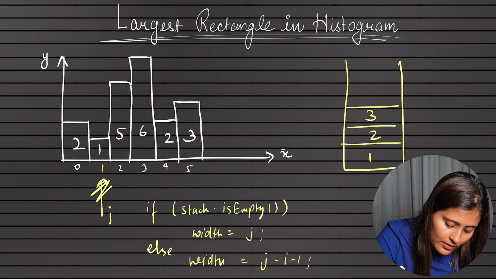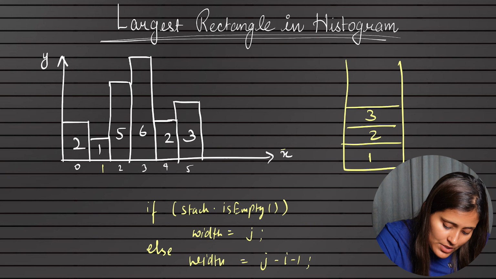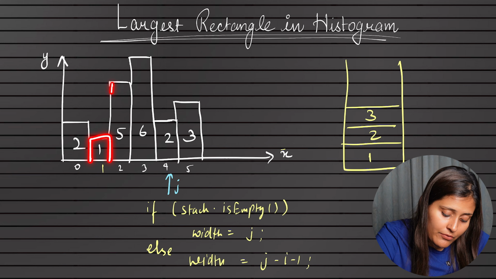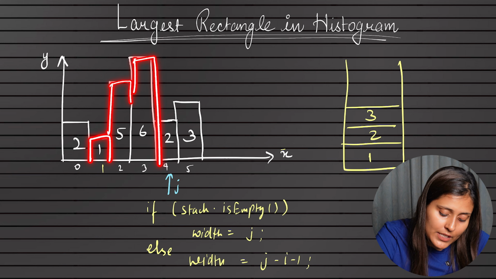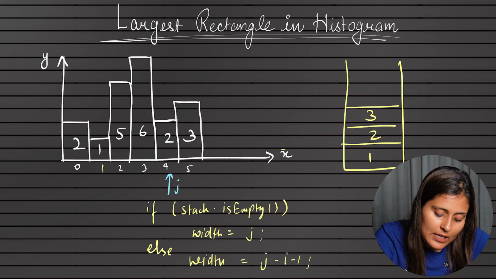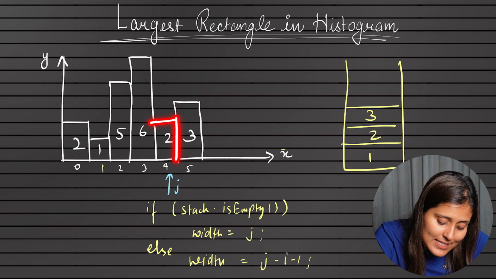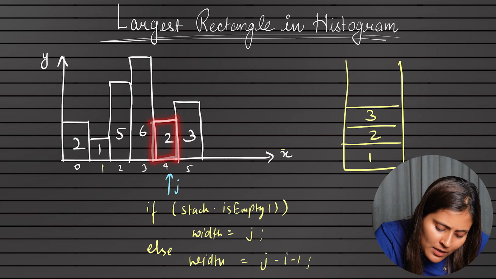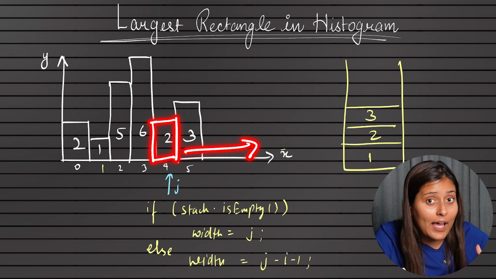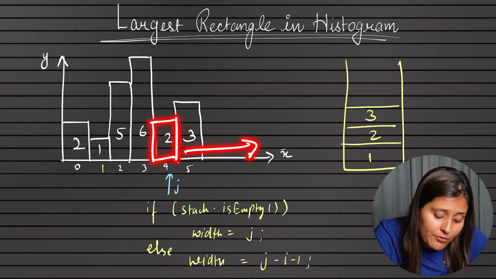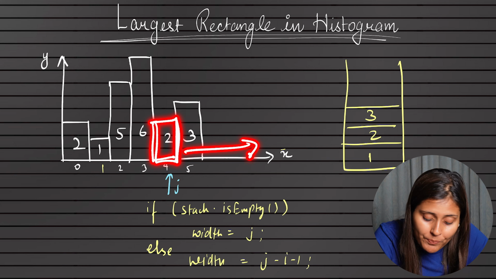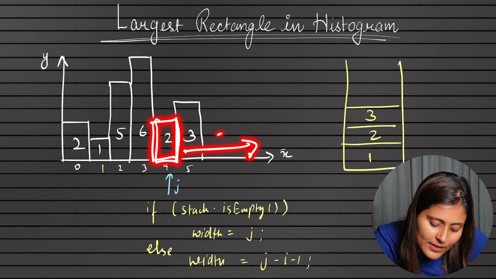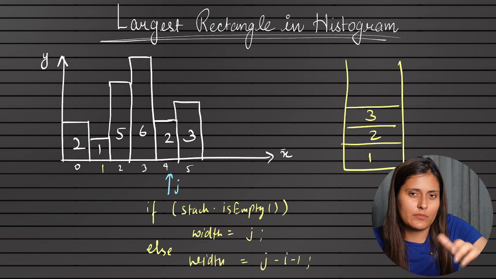Now the moment we reached 2, which is the jth index, after 1, 5, 6 we reached 2. It means I know one thing: as I reached a smaller value, which is 2, for sure in future either the area will be calculated with my height because I am the smaller, or else anything in between, correct?